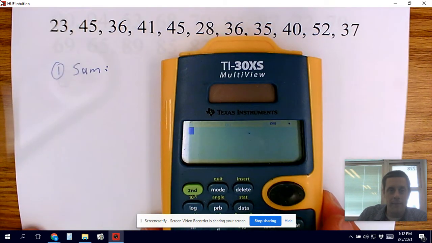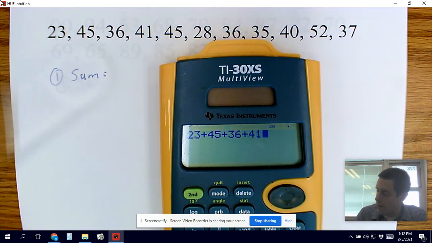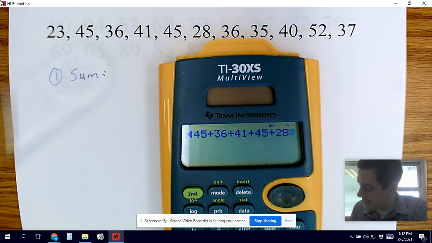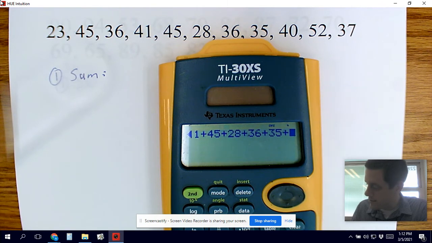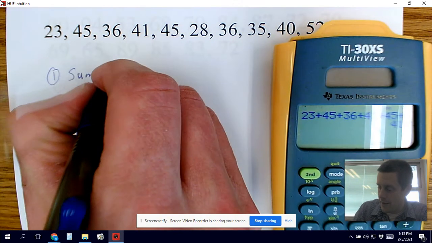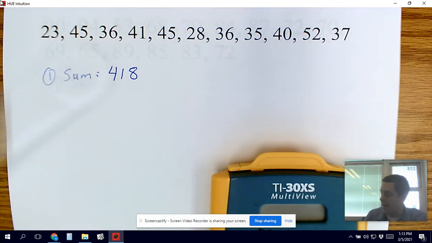Pull out your calculator, and we are going to add all these numbers together. 23 plus 45 plus 36 plus 41 plus 45 plus 28 plus 36 plus 35 plus 40 plus 52 plus 37. And we get a total sum of 418. I'm going to write that down. 418 is the sum. It is all the numbers in the data set added together.